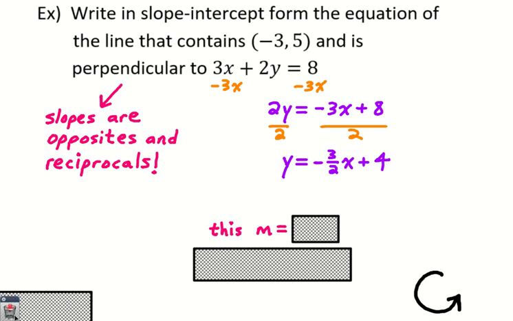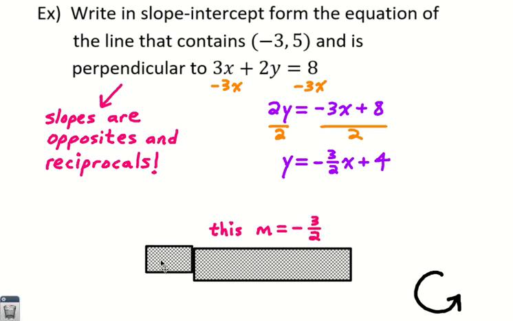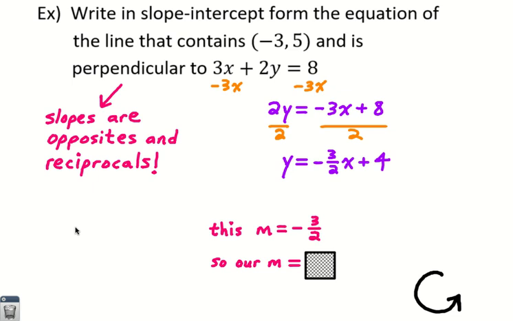Turns out that this slope is -3/2. So when we build our equation from scratch, we're not going to tweak this equation around for a final answer. We only want m from here.